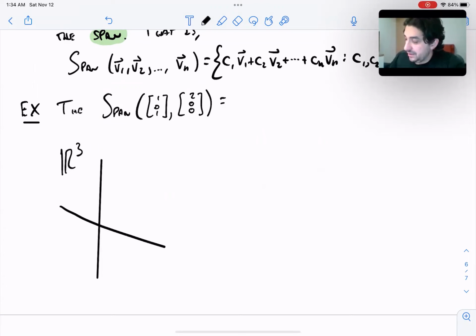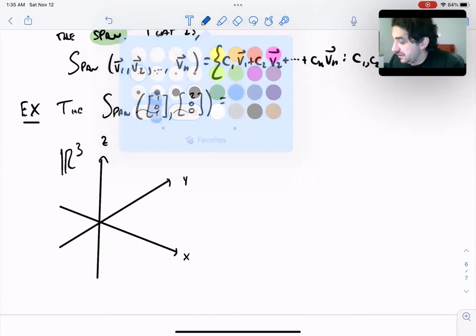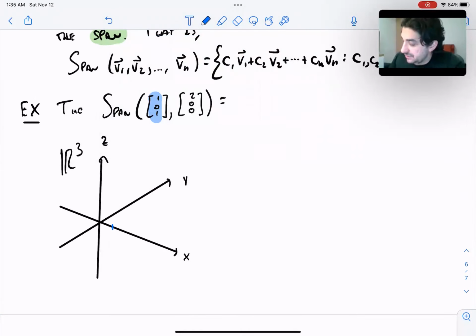There's x, y, z. So I have one vector, this vector here. It's 1 unit in the x, 0 in the y, and 1 in the z. So there's one of those vectors.